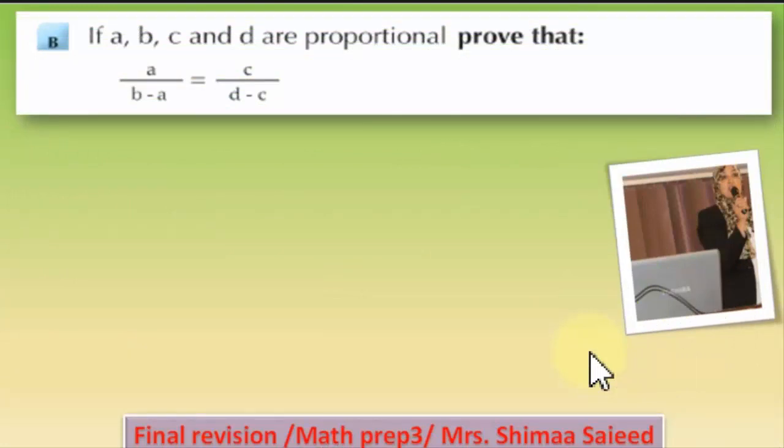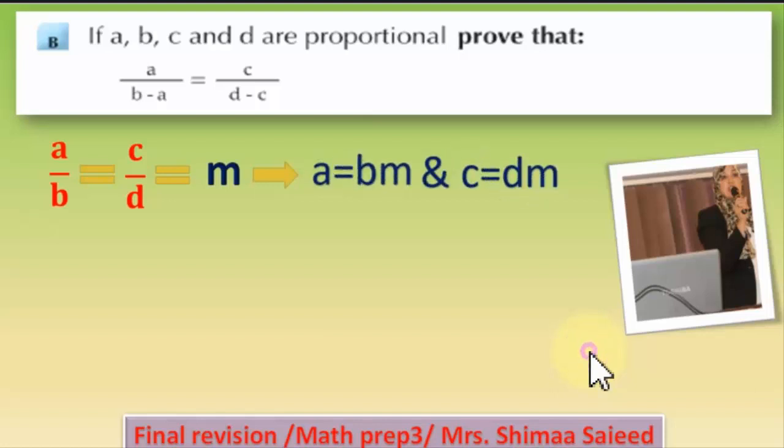If a, b, c, and d are proportional, prove that a over b minus a equals c over d minus c. If a, b, c, and d are proportional, so a over b equals c over d equals m. a equals bm, c equals dm.